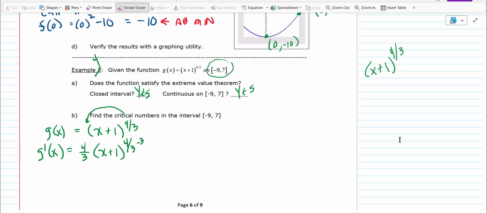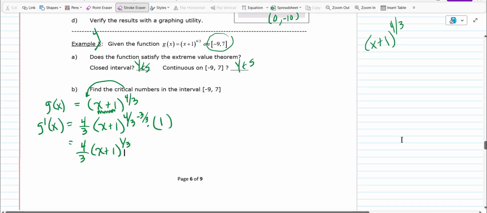You would really be subtracting 3/3. What else do you have to do on the chain rule? Derivative of the inside, the derivative of x plus 1 is 1. So if you forgot to do the chain rule, you just luck out and be right, okay? But I want to emphasize that always when you do that. So we get 4/3 times (x plus 1) to the 1/3 power.